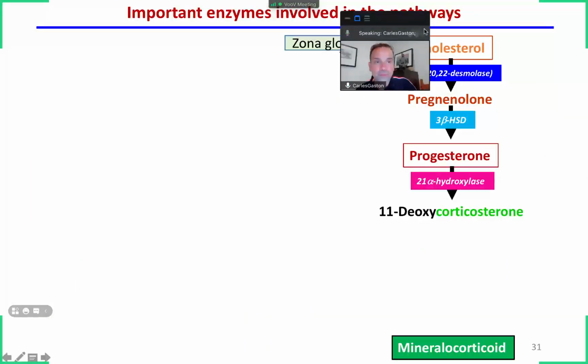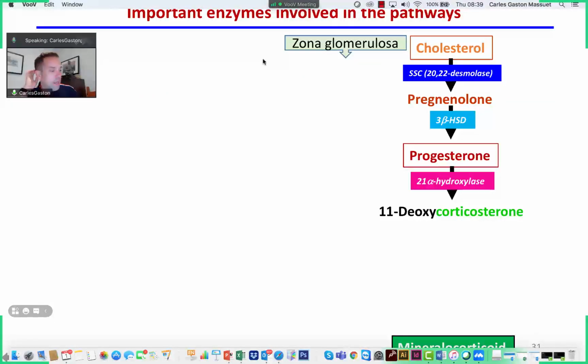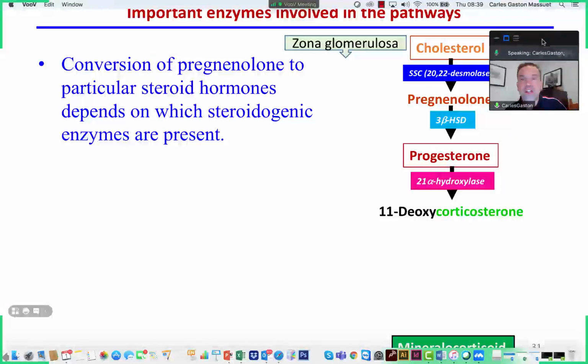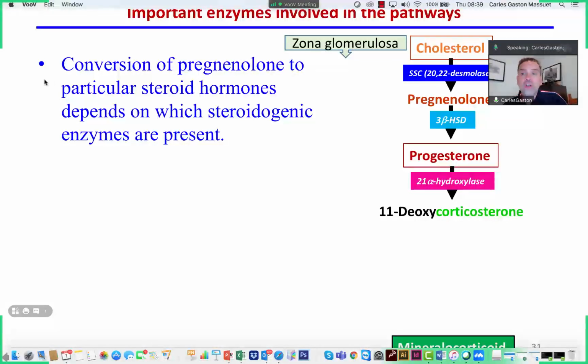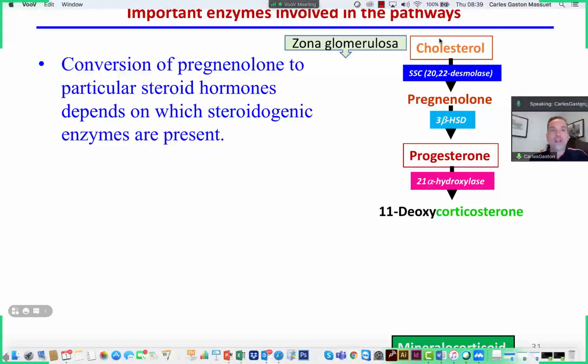So, the important enzymes involved in the pathway. The conversion of pregnenolone to particular steroid hormones depends on which steroidogenic enzyme is present in that particular cell. For example, in the zona glomerulosa, cholesterol has the side-chain cleavage enzyme, desmolase.